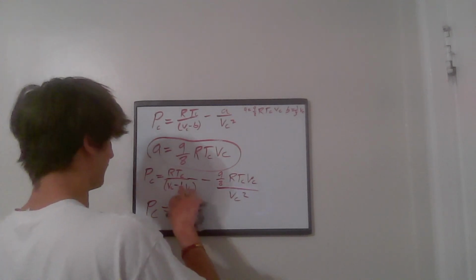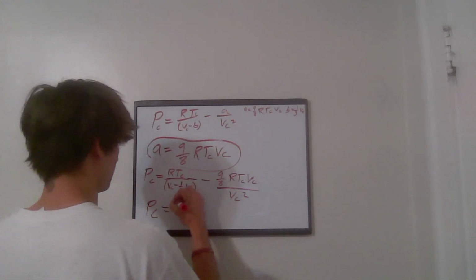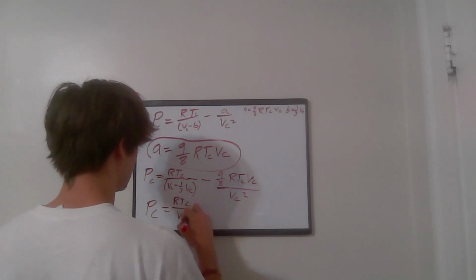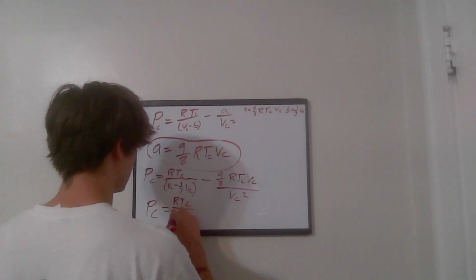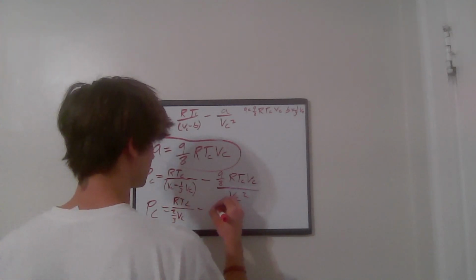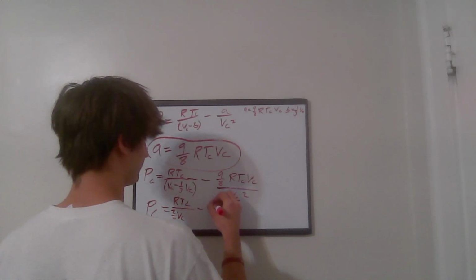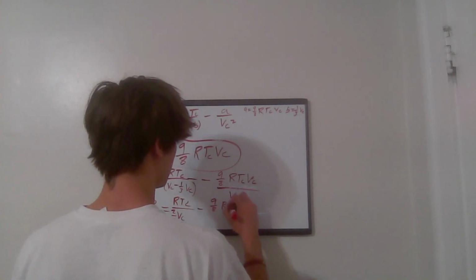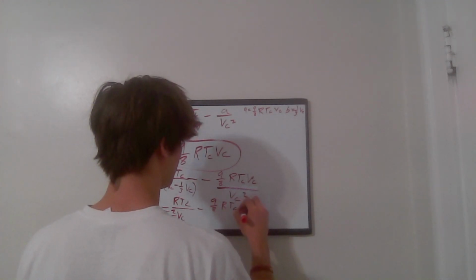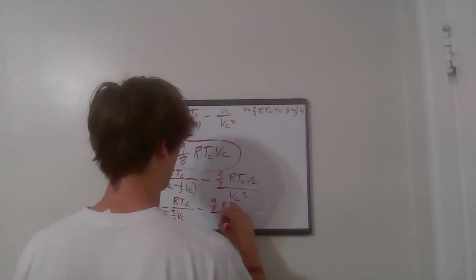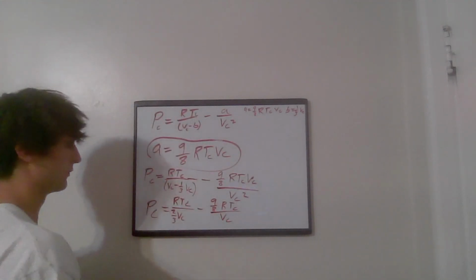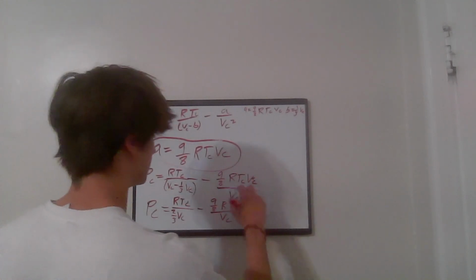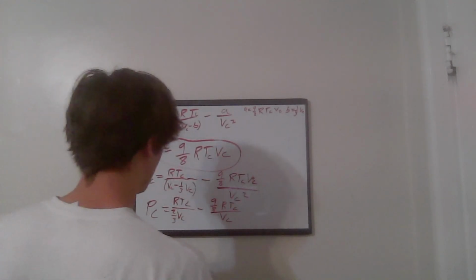Let's simplify a little bit more beforehand: we have RTC over VC times 2/3 VC, minus 9/8 R times critical temperature over just one critical volume, because these can cancel out. This VC right here and this VC. There's one up here and two down here.